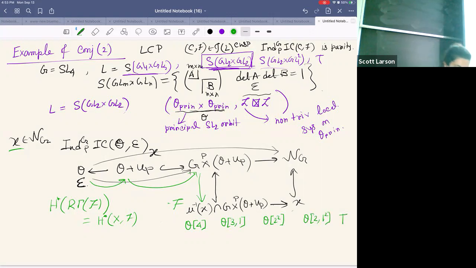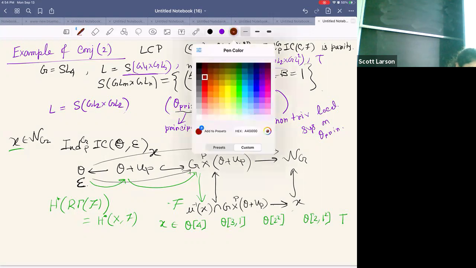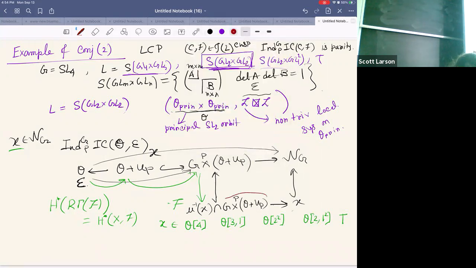So I pick x from each of them, and I want to see how this space looks like. So my problem reduces to how this space looks like.